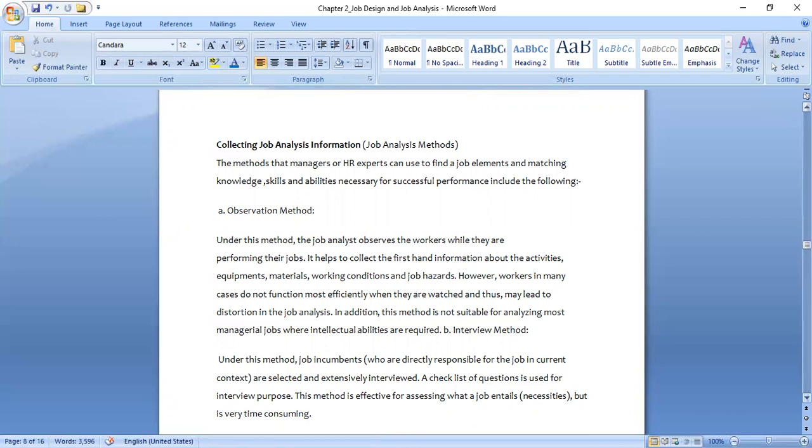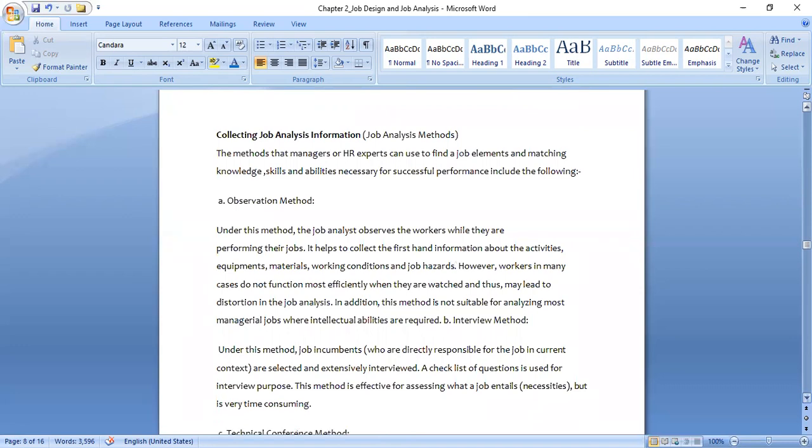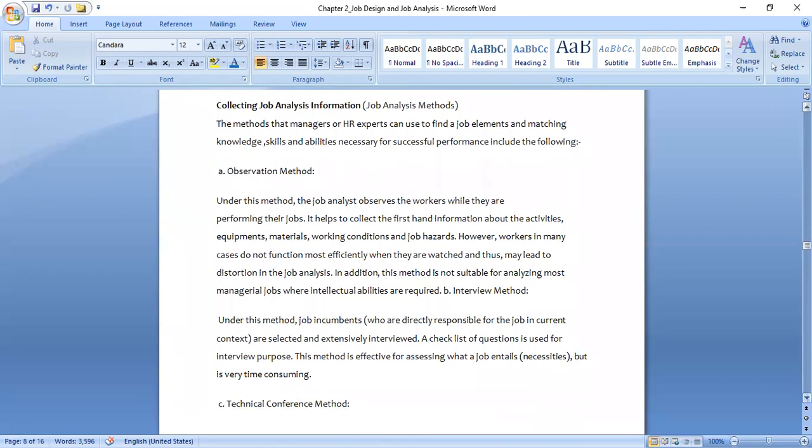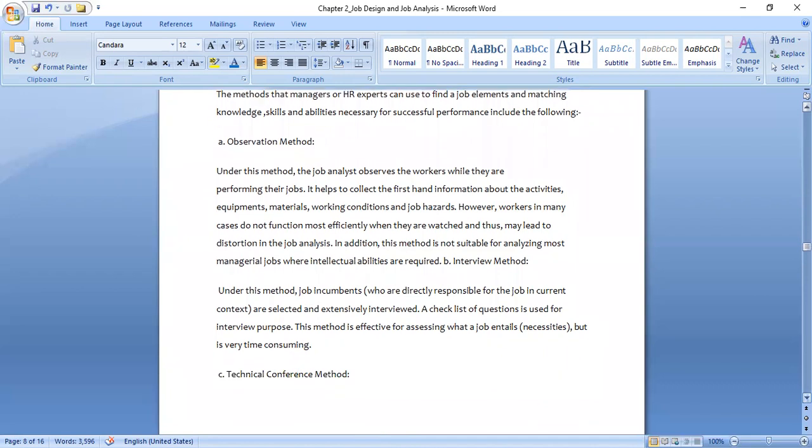The human resource specialist will stand somewhere, look at them and see what they are doing, look at the work conditions they are working in, and he or she will be able to collect the information for the job analysis.